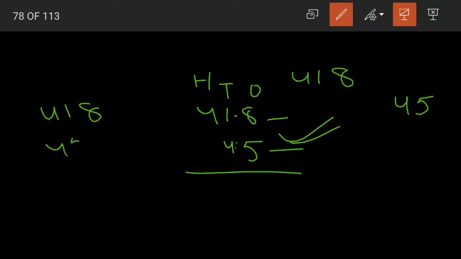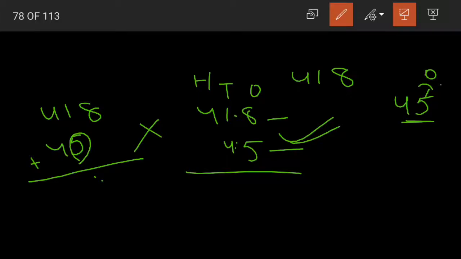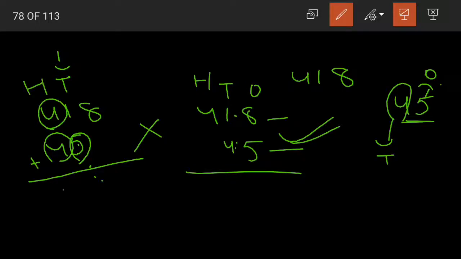Now if I write it like this, 418 plus 45, will this be correct? No. See here, 5 in 45 is in ones place, but here we have written it below tens place. Again 4 here is in tens place, but here we have written it below our hundreds place. So this is the wrong format and this is the right one.